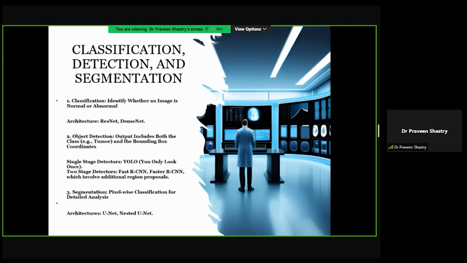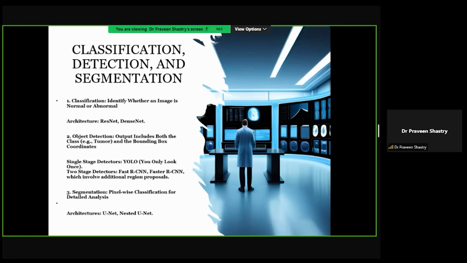Then we have object detection, wherein the output is not just a class, it is also a bounding box: class plus coordinates. We use it in tumor detection, bleed detection, lung nodule characterization, places like these. Object detection can be single stage or two stage. Single stage is You Only Look Once, and two stage is when we're talking about R-CNN, Faster R-CNNs and so on.